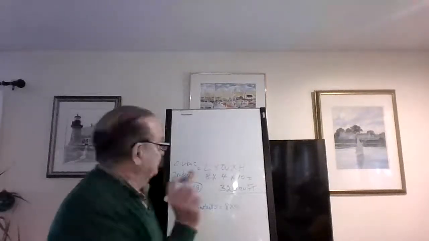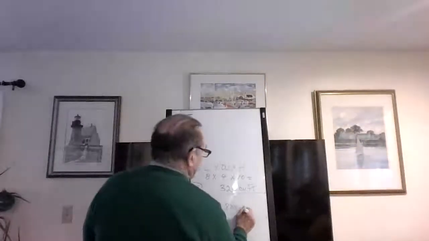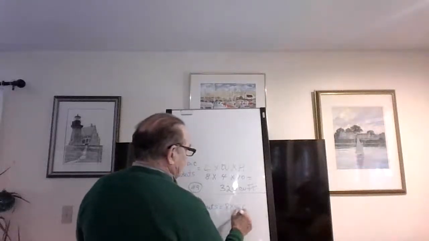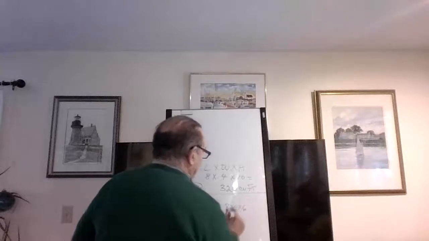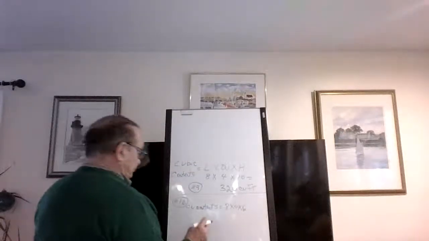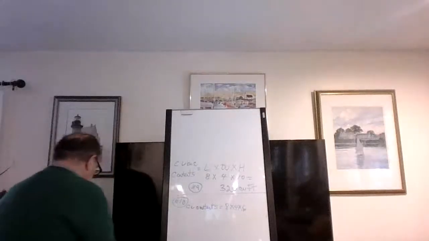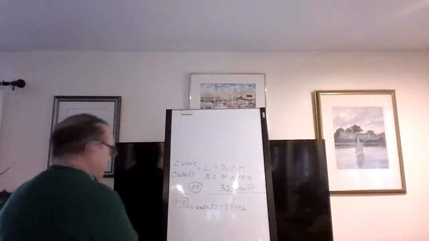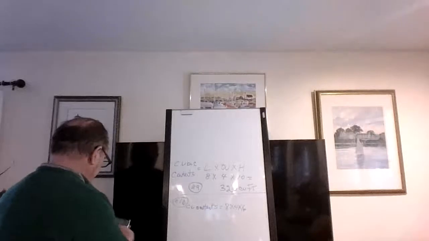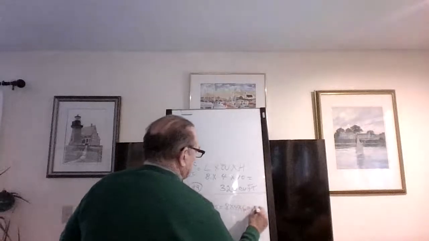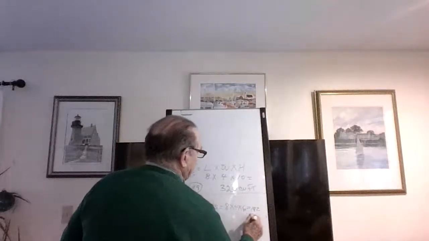All right, if that is 6 feet, it looks like this here. So you got 32 times 4 times 6, and let's see what we got. 32 times 6 equals 192 cubic feet.